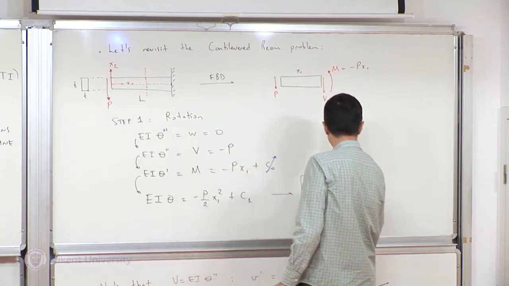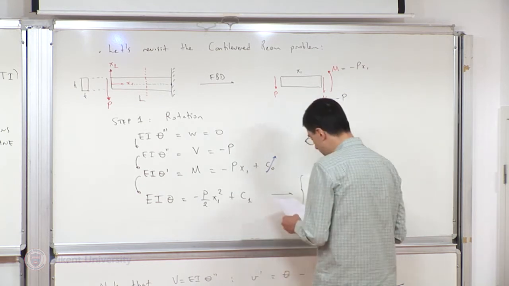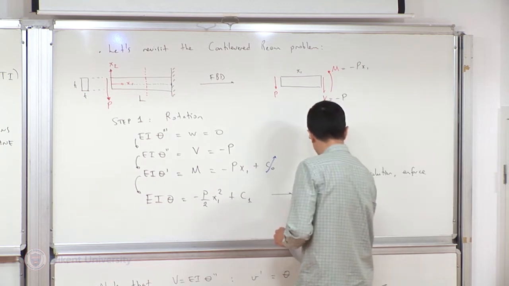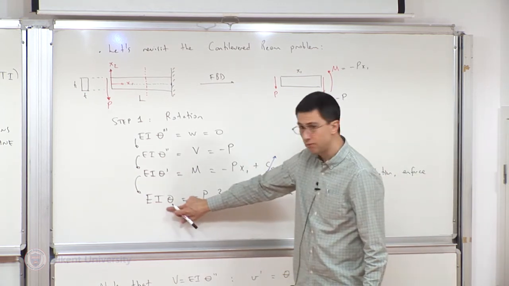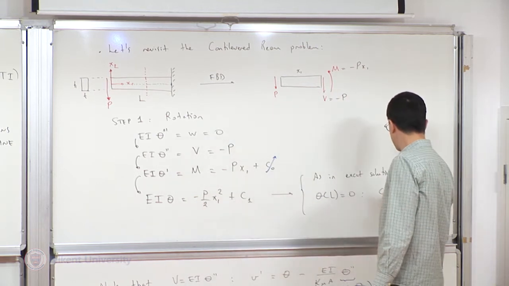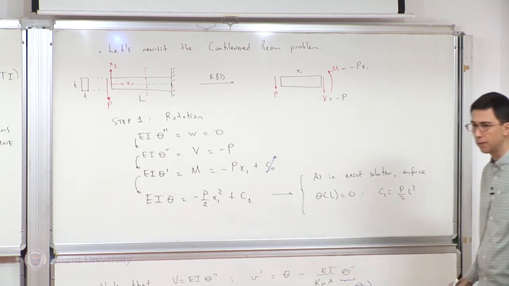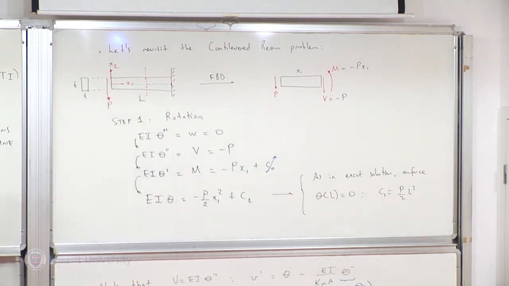So let's say as an exact solution, enforce theta at L equals 0, right? And for this to be 0 at L, C1 has to be equal to P over 2 L squared. Hence, we obtain our solution.